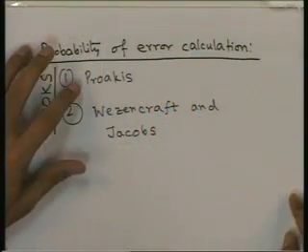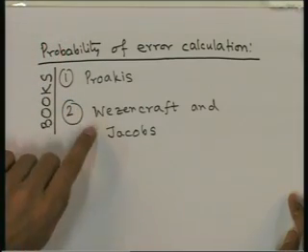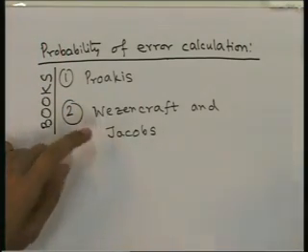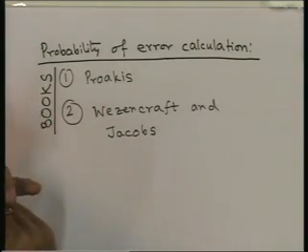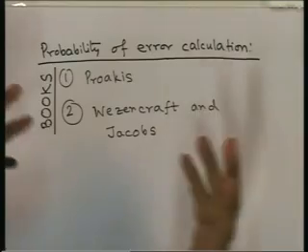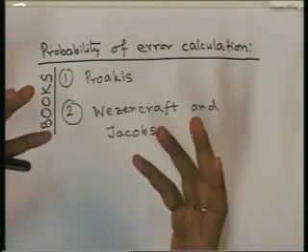So for this class and for the next class we will discuss probability of error calculation, and for this topic I will advise you to read these two books, Proakis Digital Communication and Wozencraft and Jacobs. I will specially recommend this book for this topic, especially for the systematic treatment of generic receiver structure, and also the discussion of signal sets in terms of vector spaces in a very systematic manner.